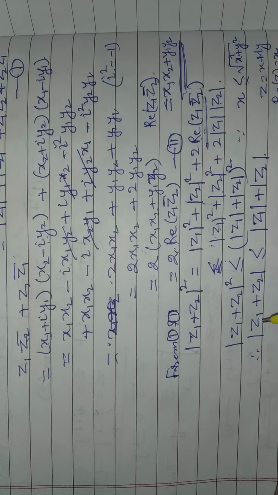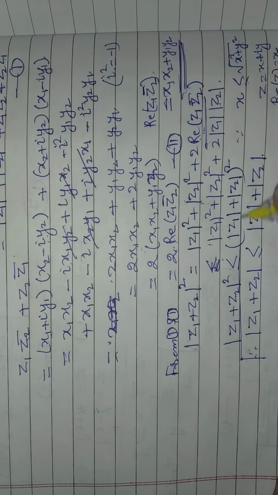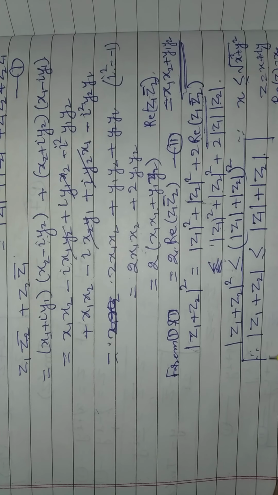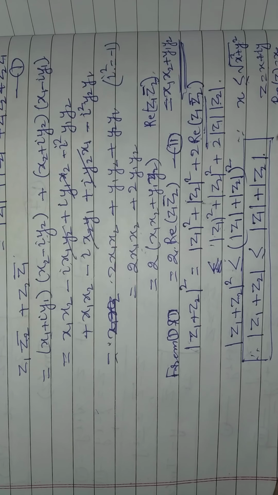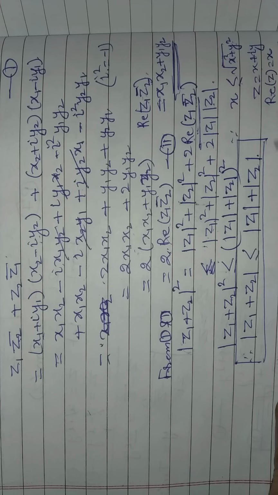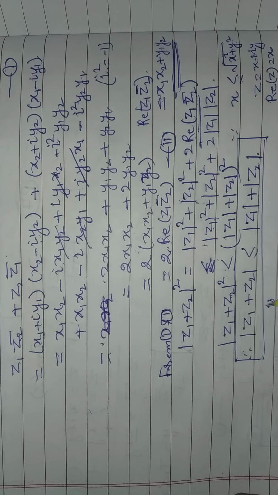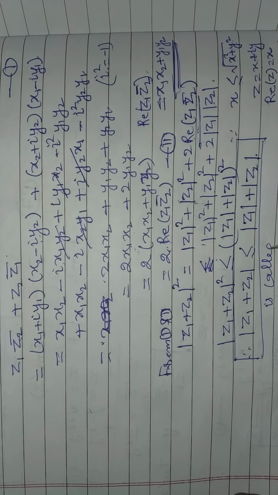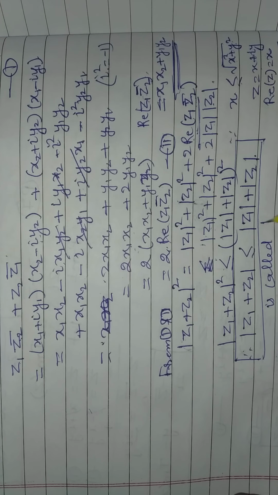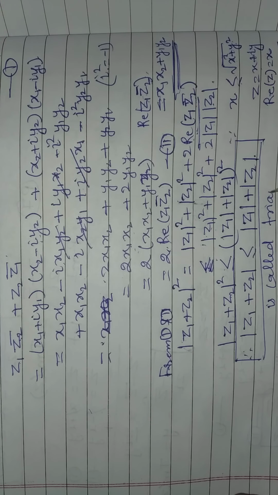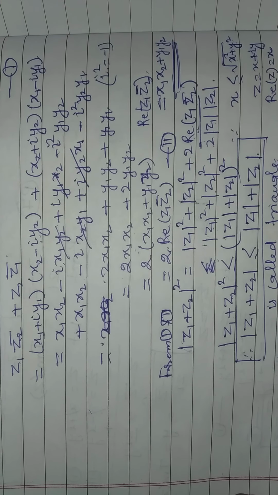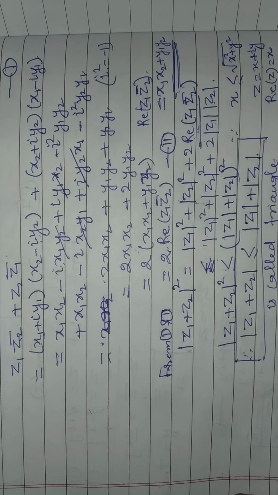This is also known as triangle inequality, and this can be proved with the help of polar form also, so that I will discuss in the next video. So this is called triangle inequality.